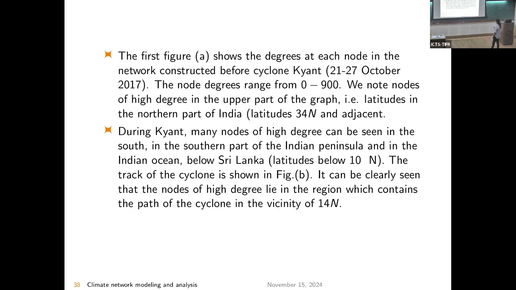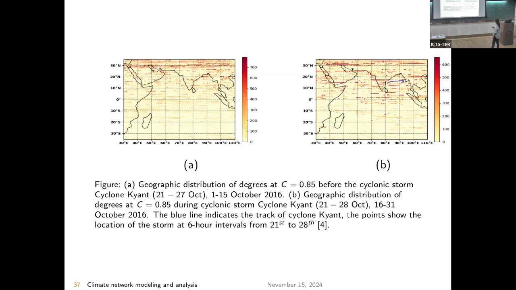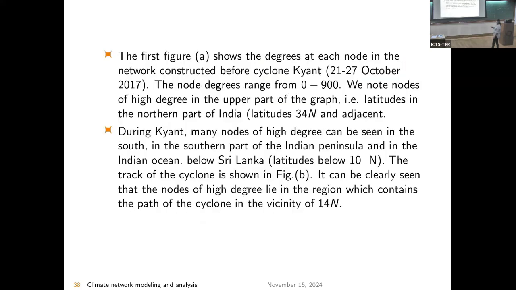And during Kant, first show the region. So this is the 34 here. It was higher degree pre-cyclone.